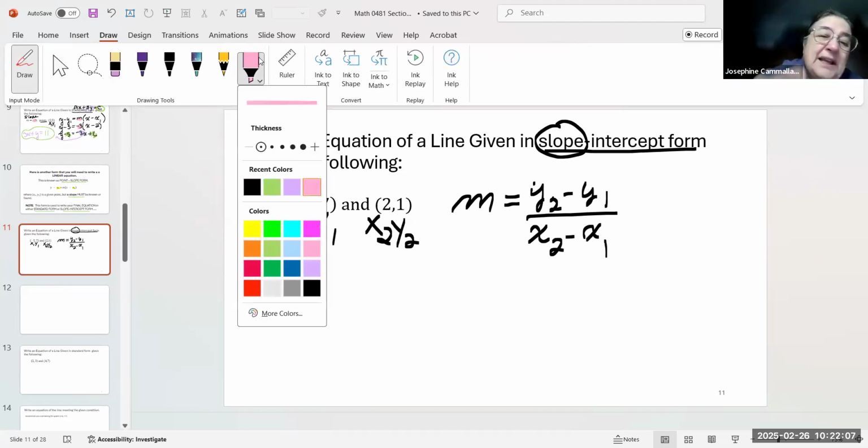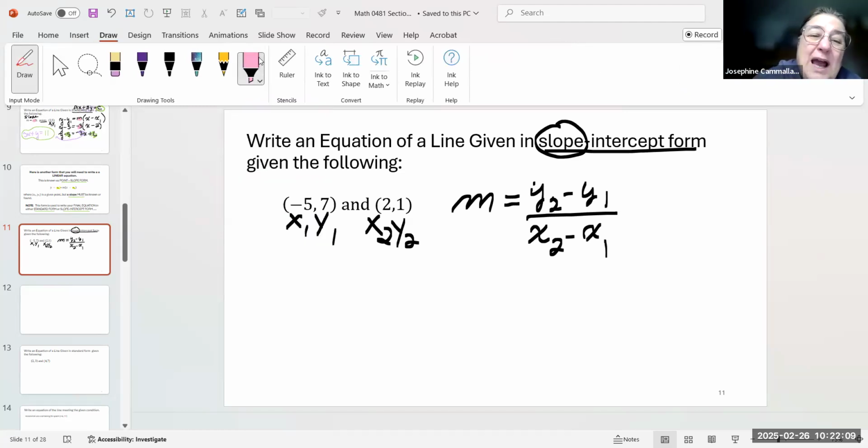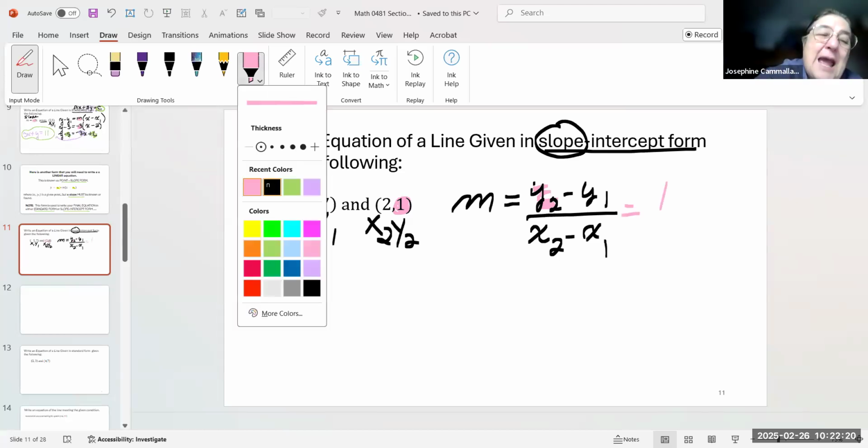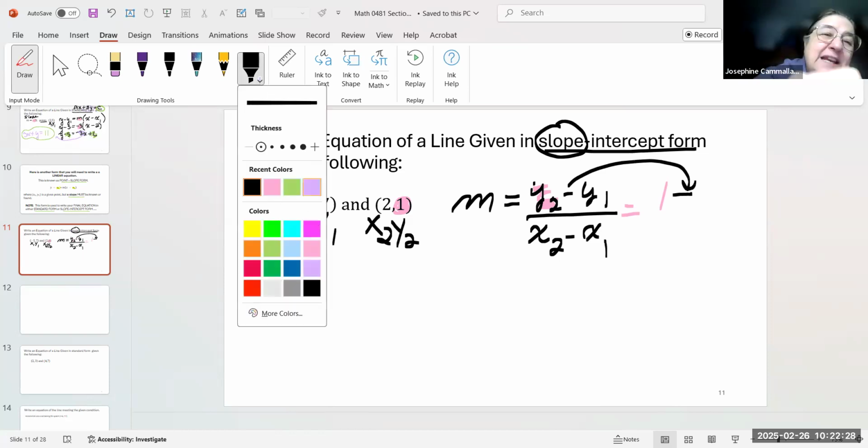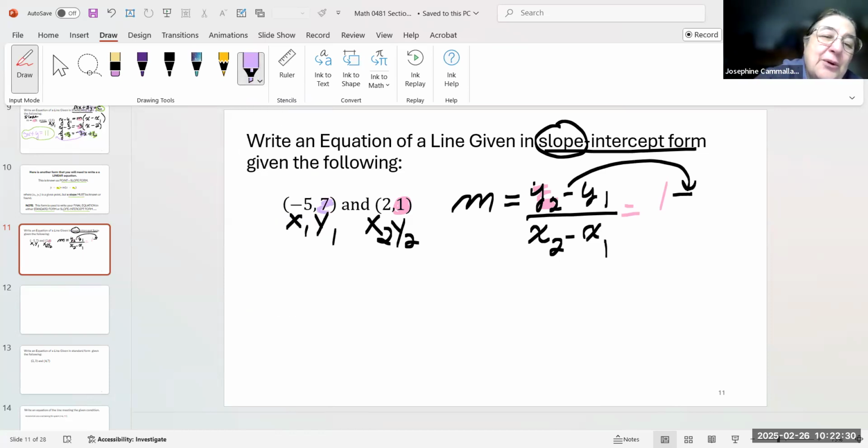This y is right here. This is going to give me 1 minus, because remember, this is part of the formula. Now, y1 is right here, and that's a positive 7.